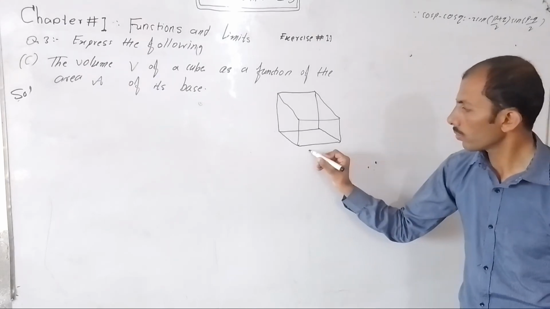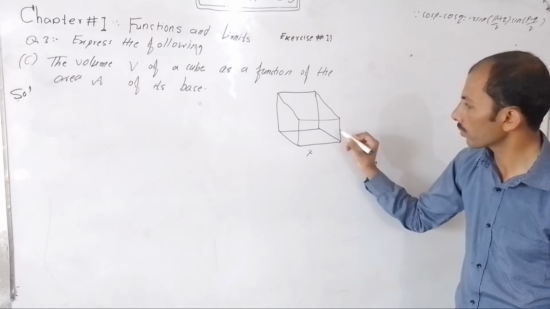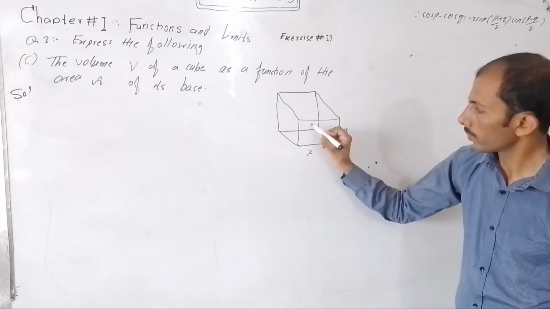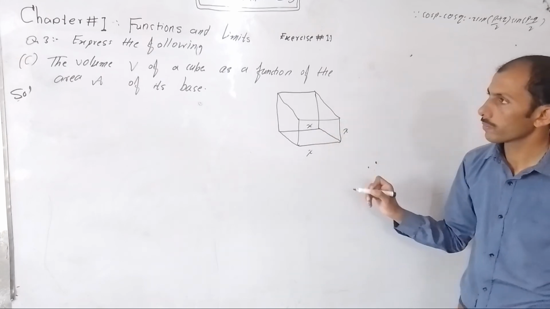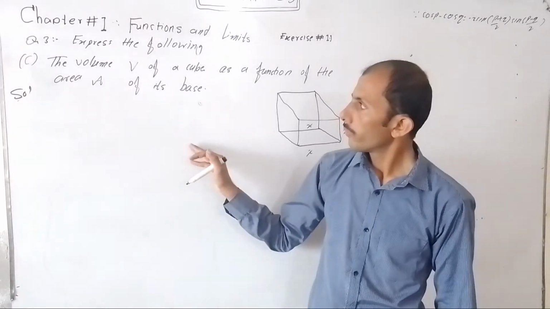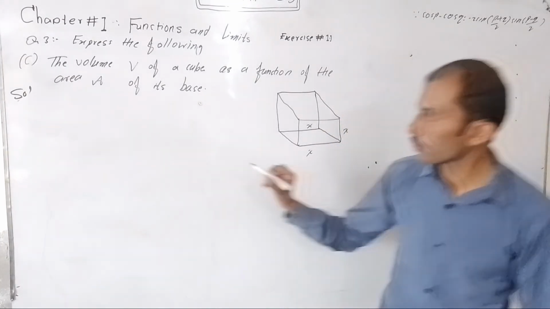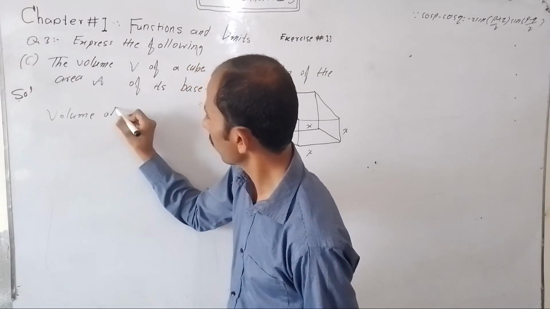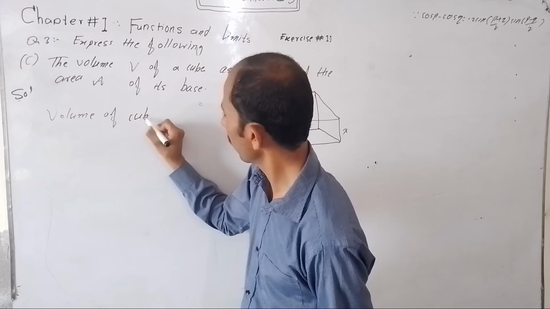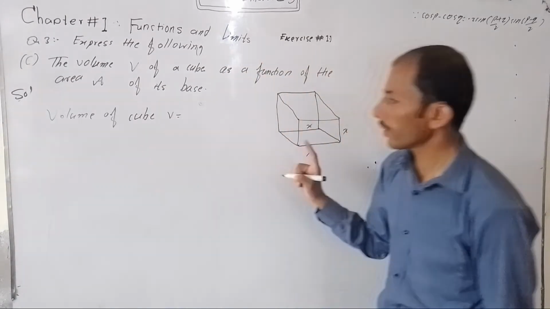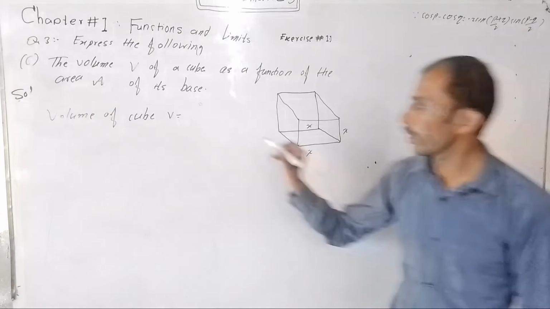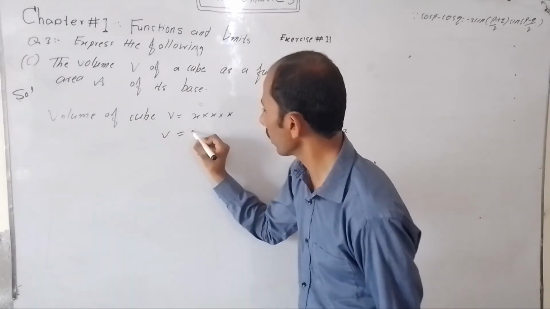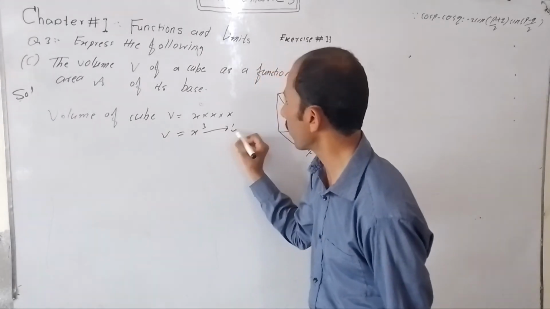Length is equal to x, width is equal to x, height is equal to x. Volume of cube is equal to length multiply width multiply height, so x multiply x multiply x. V is equal to x cube, equation number 1.